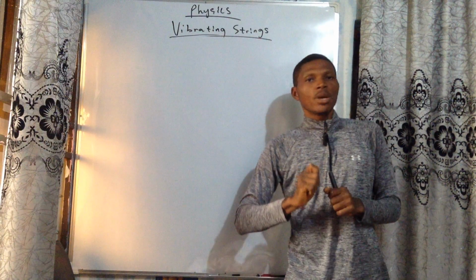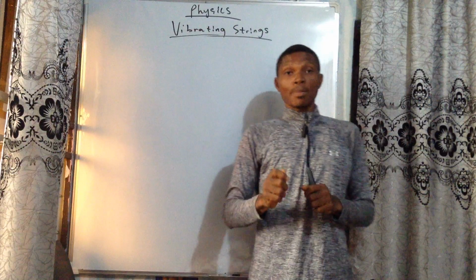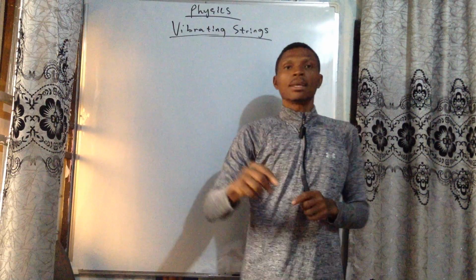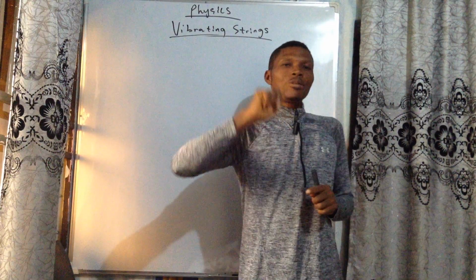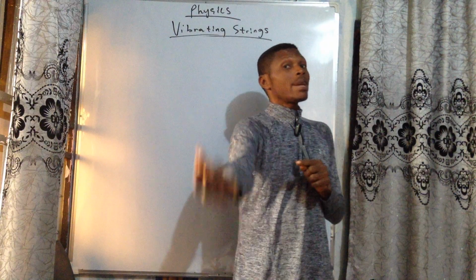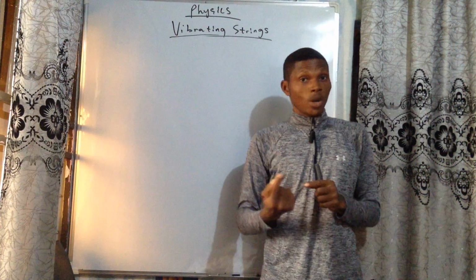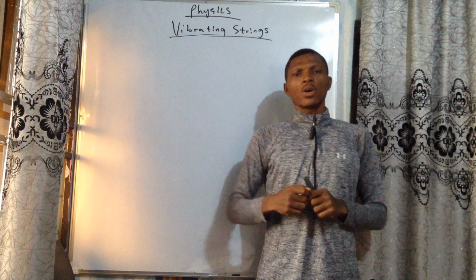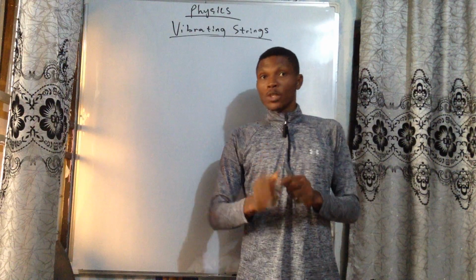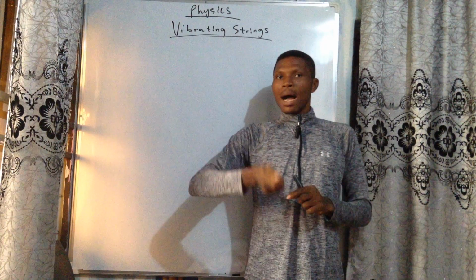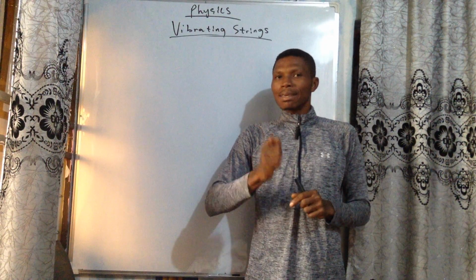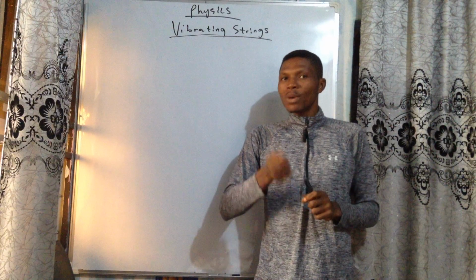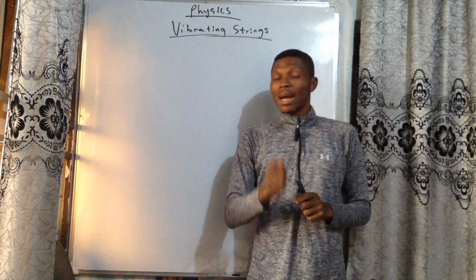Now, as these waves are forming, remember you fixed the string at the other end. When the waves go to the other end, they will be reflected. There will be a reflection. But you will not notice the reflection until you are vibrating at the right frequency.